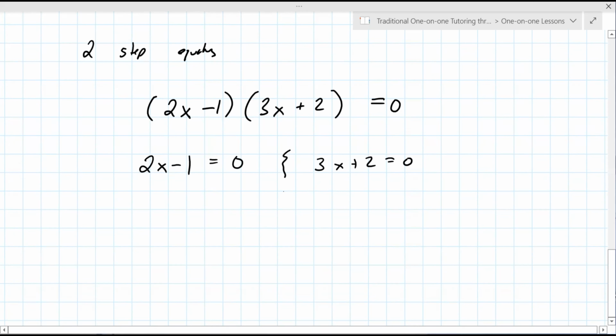I'm doing the same thing I did in the previous problems. You set what's inside parentheses equal to 0. Now to solve this, you have to do 2 steps. 2 steps meaning you have to first undo addition or subtraction and then the multiplication or division. So for example, on the left here, you're going to add 1 to both sides. So that's 2x equals 1.